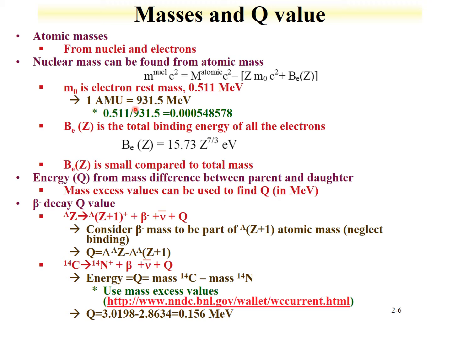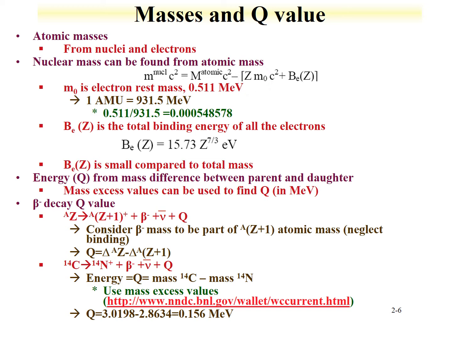We know that an atomic mass unit is about 1,000 MeV, so the 0.511 MeV electron mass divided by 931.5 MeV is a pretty small number, 5.5 times 10 to the negative 4. So the fraction of the mass that the electron has compared to one nucleon is pretty small. In that regard, eliminating the electron mass from this equation makes sense.